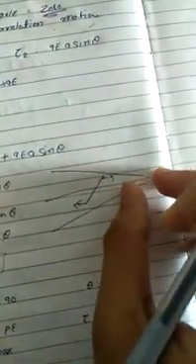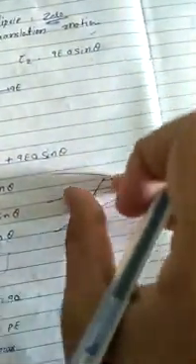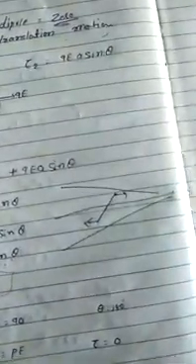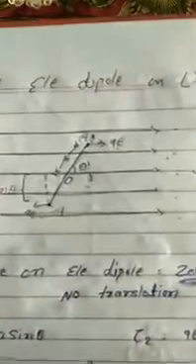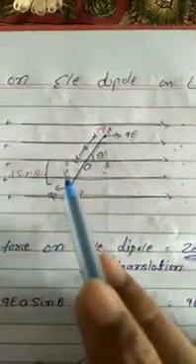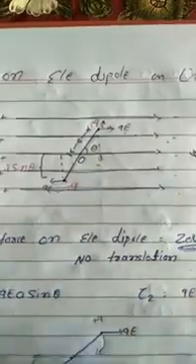Then this side has more force and this side less force, so once the dipole rotates, that means rotational motion is there, and after that translation motion is there when we consider a non-uniform electric field. But if you consider a uniform electric field, then only rotational motion is there, there is no translation motion.